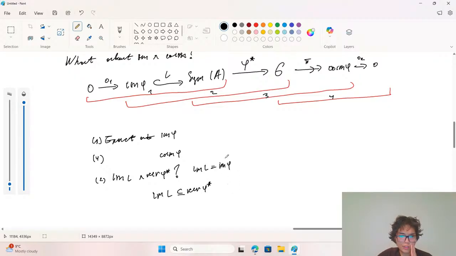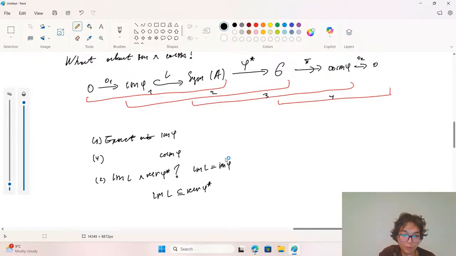I will just give a schematic. I initially thought that it must be equal, in order for the sequence to be exact at symmetry of A, as I assumed that. So maybe image of I is equal to kernel of phi star, but I couldn't prove it.